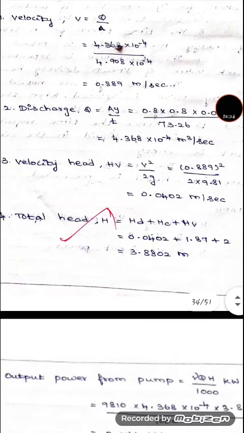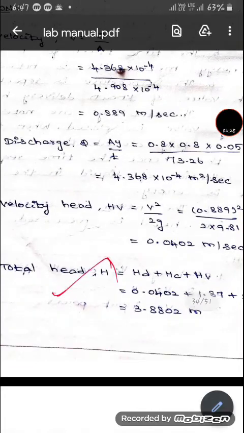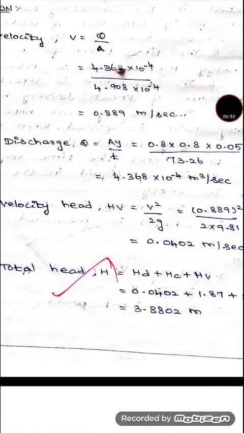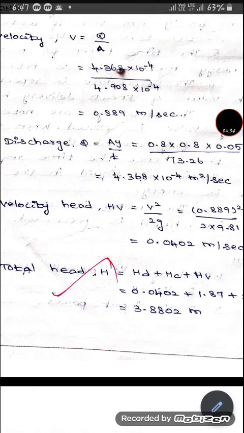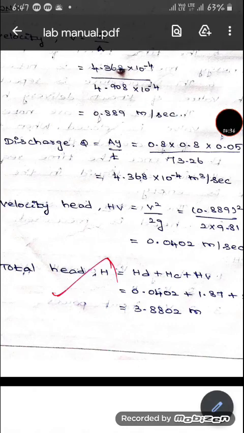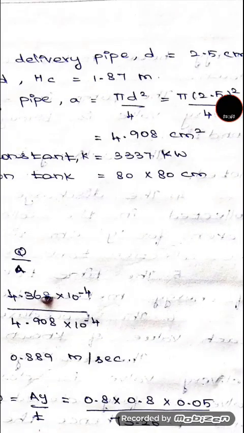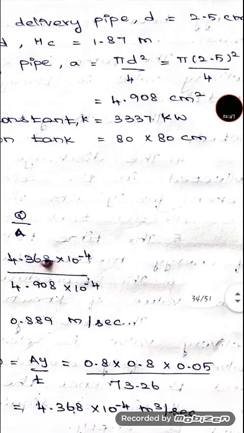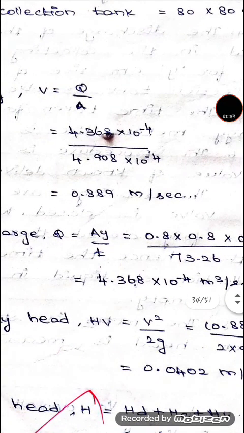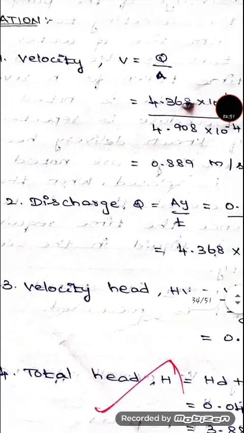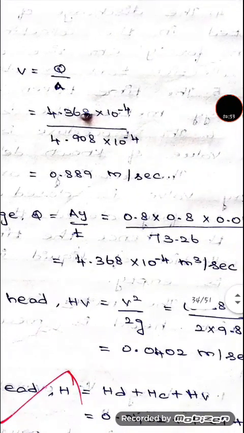And then we will calculate the velocity by using the formula Q by A. So this is the Q value which has been calculated, divided by the A value. The A value is nothing but the area of the delivery pipe, which is 4.908 centimeter square. So we need to convert the value into meter square, because here the discharge is in terms of meter cube per second.